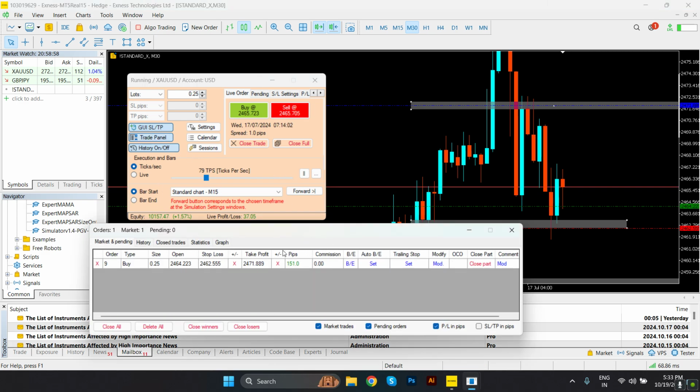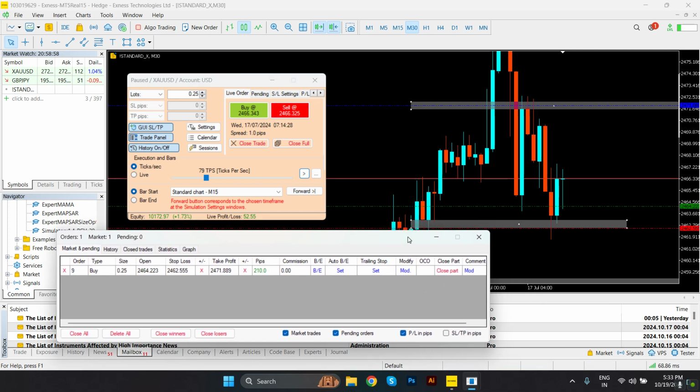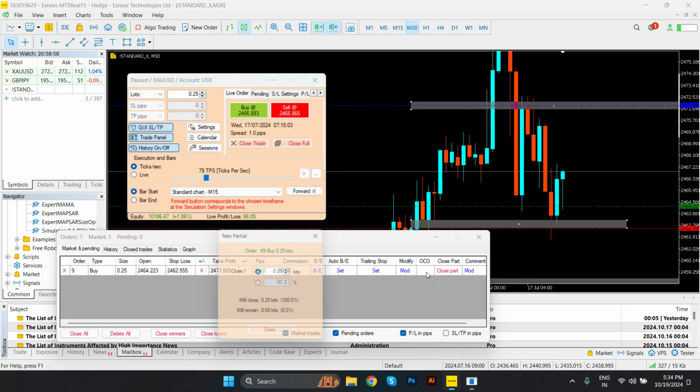Yeah, I think that is a good idea. Look at that. Wow, we are 20 pips up. Good point. At this point, if this candle breaks its own high, good. Now what we can do is close partials. We are up 26 pips.